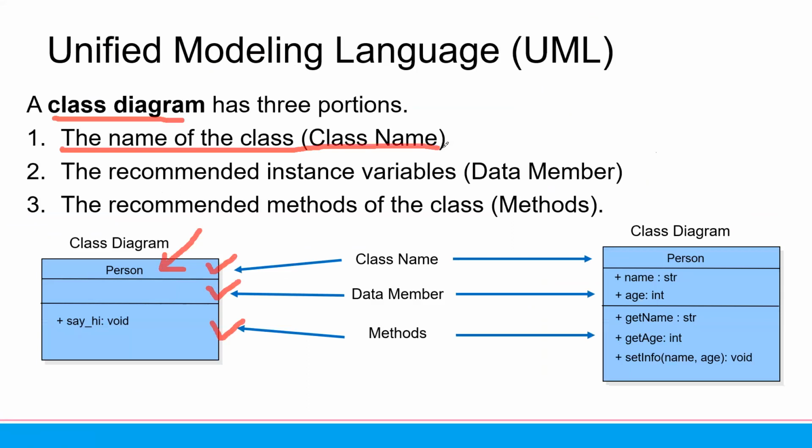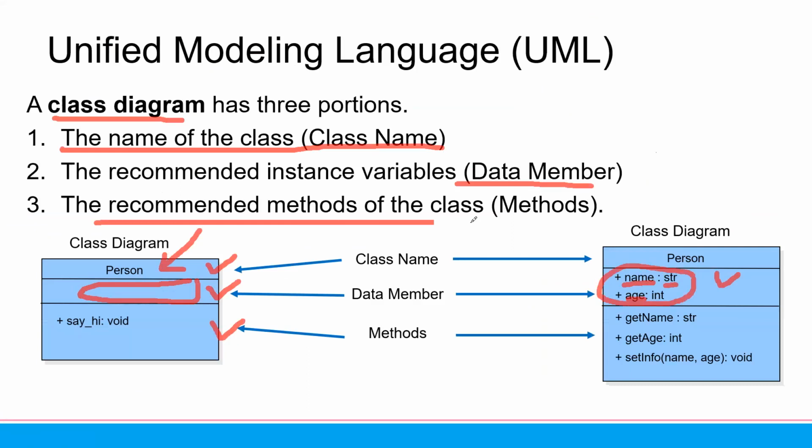The class name is the class that you want to define in Python. The data members are the data that you need to use in that class. For example, in the first example, I don't have any data members. But in this class, we have name, which will be a string, and age, which will be an integer.